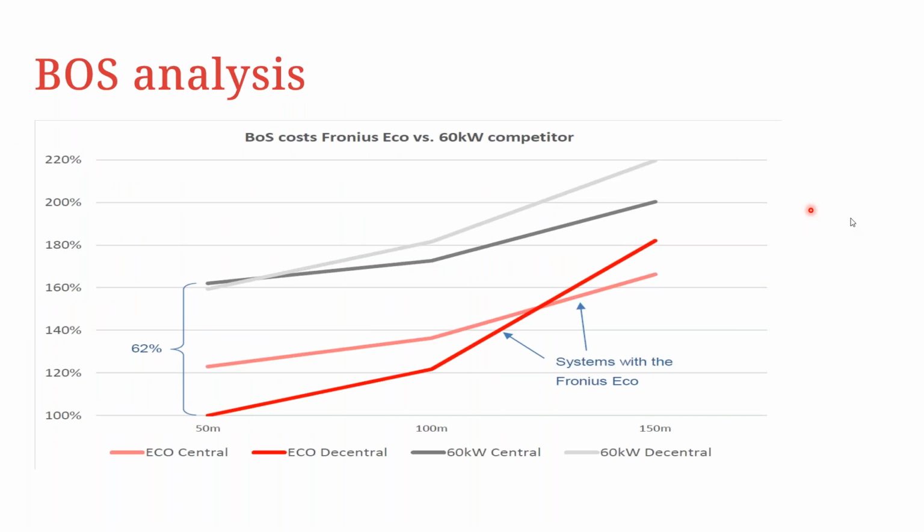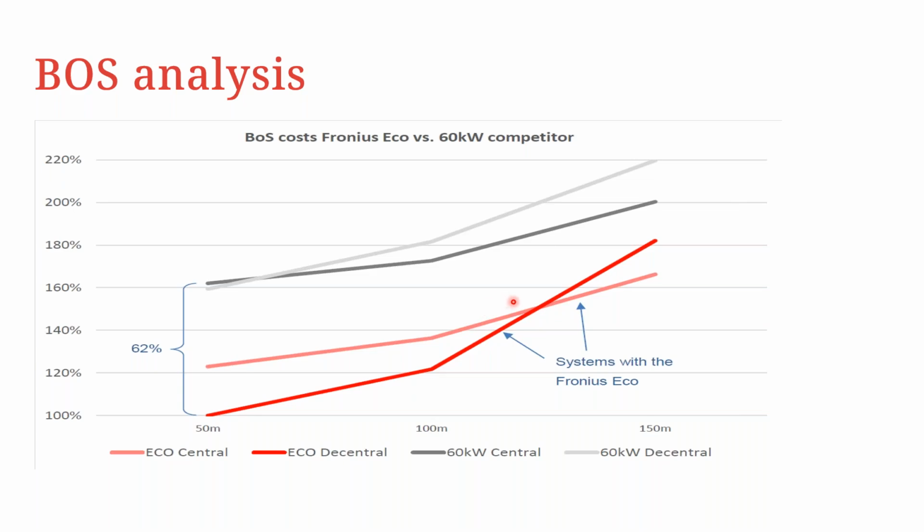As far as the balance of system components are concerned, with these two inverters, what we realized is that if you look at a central inverter system topology, that is, between the Fronius and the 60 kilowatt competitor configuration, you would realize almost 62% savings on the BOS. So even with the central design topologies for the two systems, we can see that the Fronius Snap Inverter Eco still gives you quite a bit of advantage.